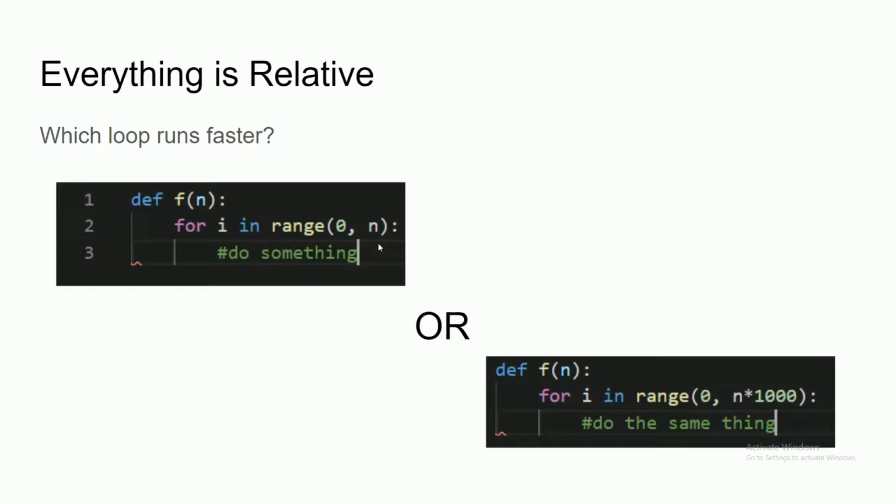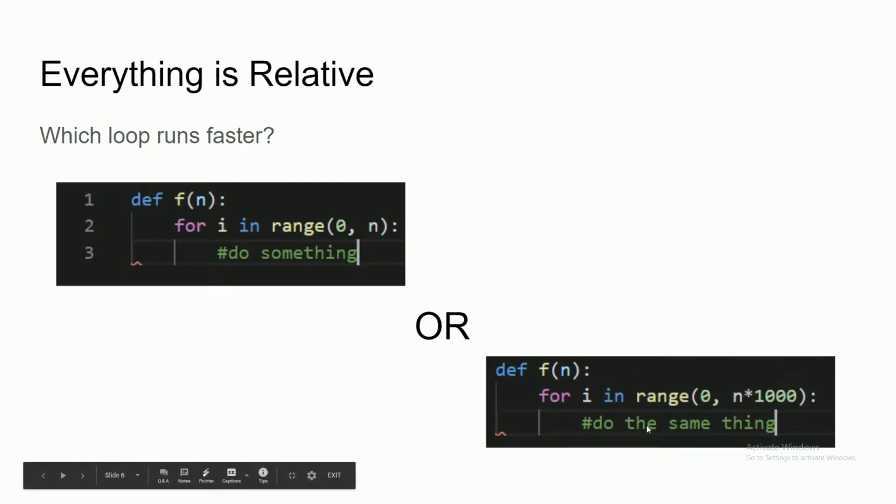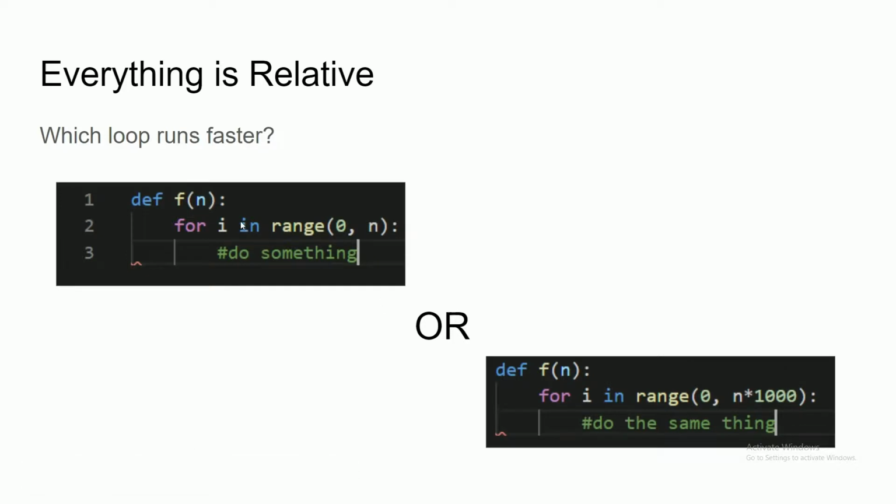Well, this function is going to go from n iterations to 2n iterations within this loop, and then this loop is going to go from 1,000 n iterations to 2,000 n iterations. So that means that the runtime of both of these loops scale directly with their input size, which means when n doubles, the amount of time it takes to run doubles. Same over here.